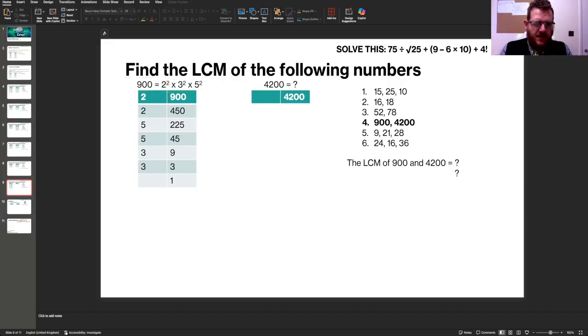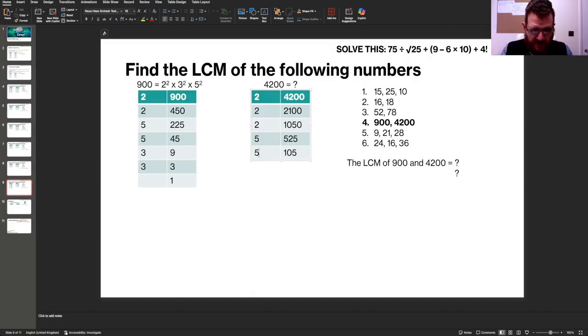And then you've got 4,200, which I would do a 2 again, which gives you 2,100. Another 2, which is 1,050. And then another 2, which then gives you 525. And then we go to 5s, which gives you 105.